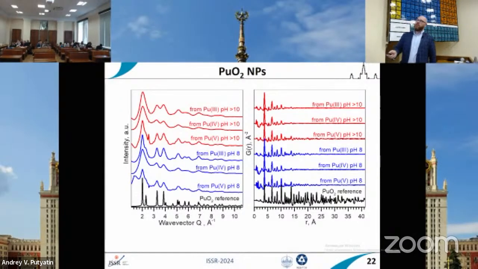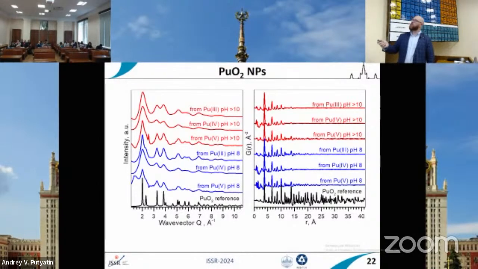So this is the plutonium dioxide reference, the bulk plutonium dioxide, and you can see very good resolution peaks in X-ray diffraction. But with a very small size of the particles, we lose some information. We cannot resolve these peaks, for example, and it's not really clear if it is the same structure as plutonium dioxide or not.